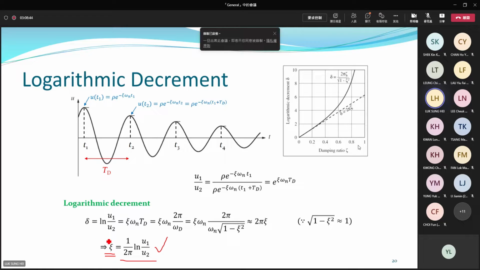Actually, this explains one missing thing that I did not mention before. A single degree of freedom system is characterized by three parameters: M, C, K. M depends on the dimensions and the density.